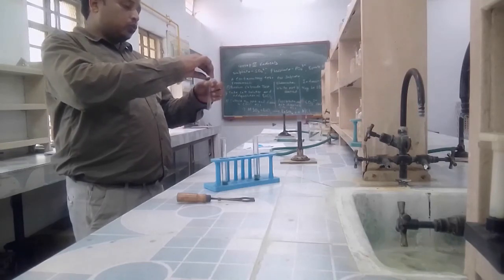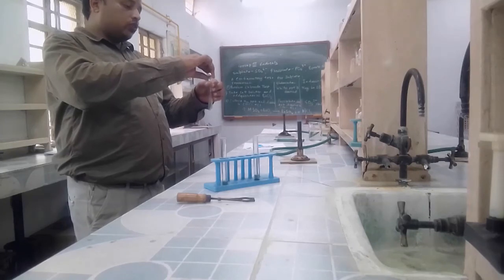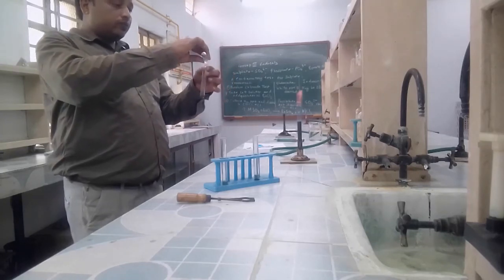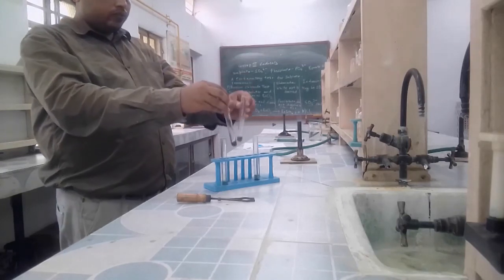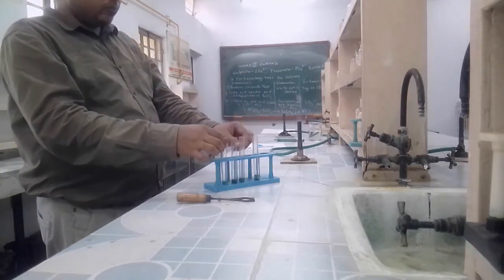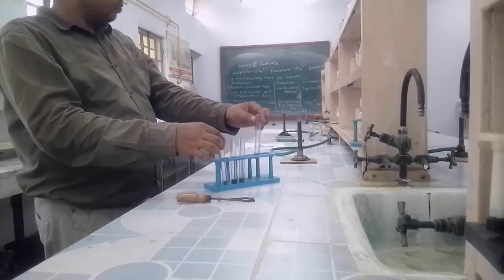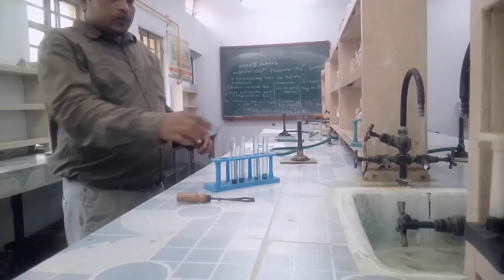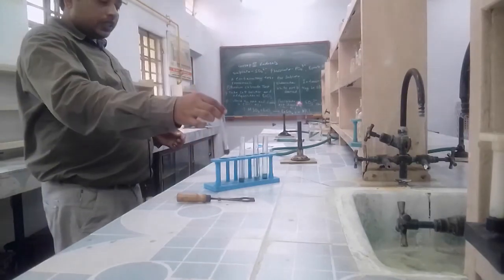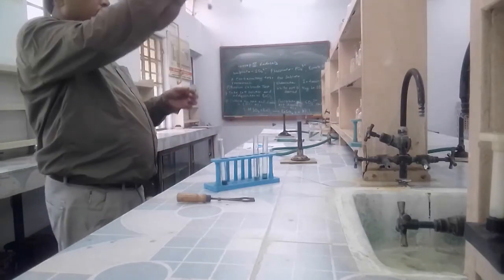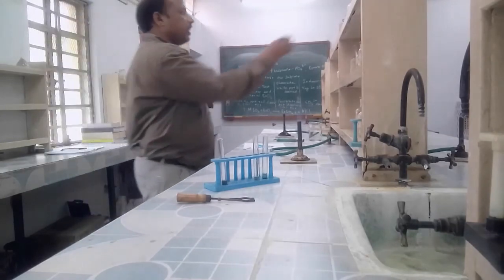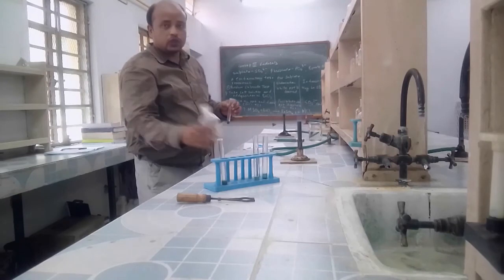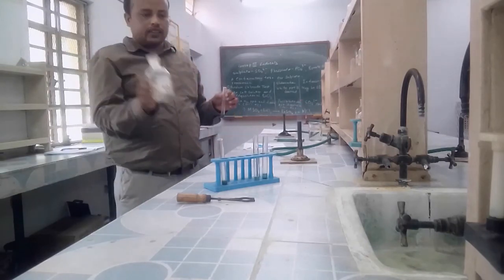So we have two test tubes having clear solution. Now what we have to do? In this test tube, we will add KI, potassium iodide. You see here, student, what we are adding? We are adding KI.